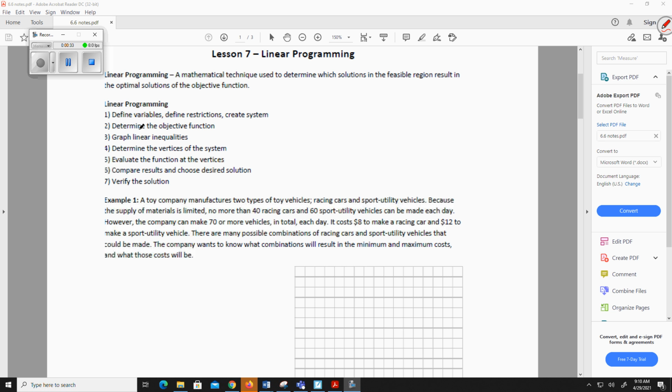Excellent. Okay, so for this 6.5, 6.6, it's basically a continuation of 6.4. Didn't you say yesterday that we start finding out the price of things? Right, we're going to look at making maximum or minimum amounts of money, or losing minimum amounts of money, based on costs. This is where linear programming is really cool.